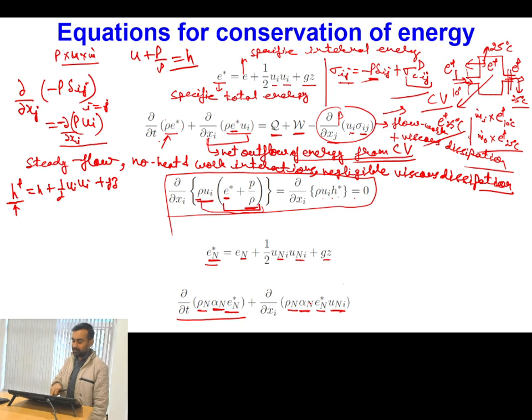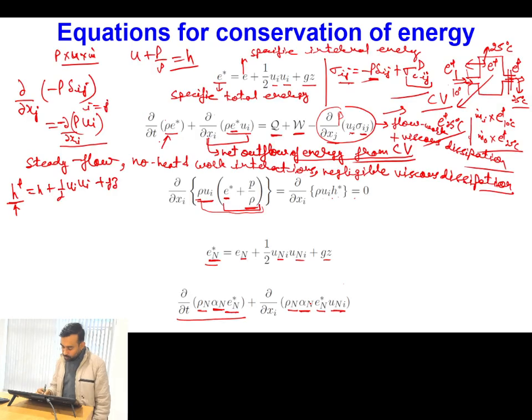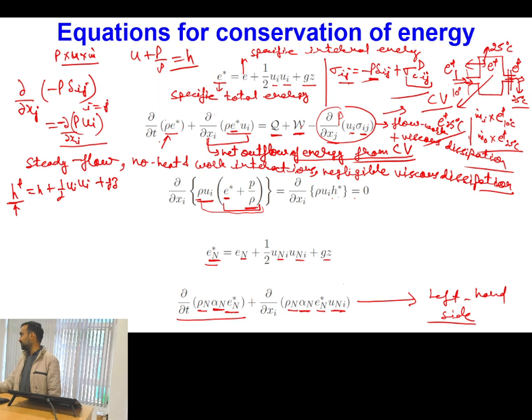So this is representing the net outflow of energy across the boundaries of the control volume for a particular phase. Is this point clear? Now, I have only written the left hand side of the energy equation for a phase. What about the right hand side? In the right hand side, I have Q, W, and this additional surface force term, flow work and viscous dissipation term.